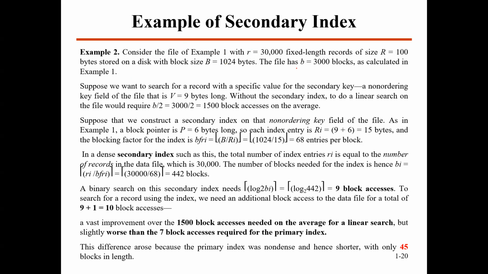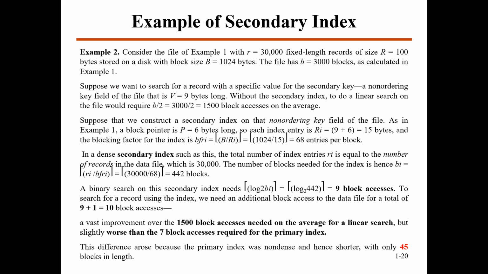The file has how many blocks? 3,000 blocks. 30,000 divided by the blocks 1024, so we have 3,000 blocks, as we calculated in example 1 already.